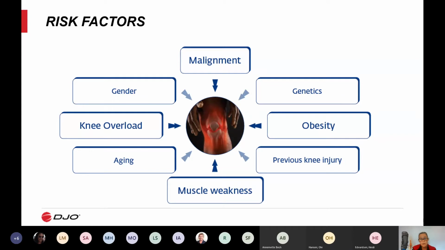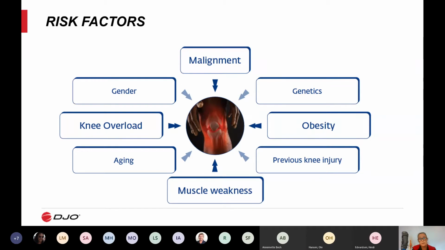We also see that previous injury, for example an ACL rupture, means you will get OA at an earlier age than a normal person without ACL injury. When you have muscle weakness, that gives you more load on the knee. So if you don't have the muscle to hold your bones, you are more likely to get OA.